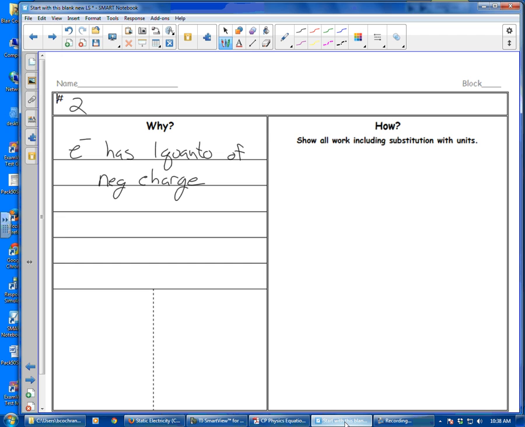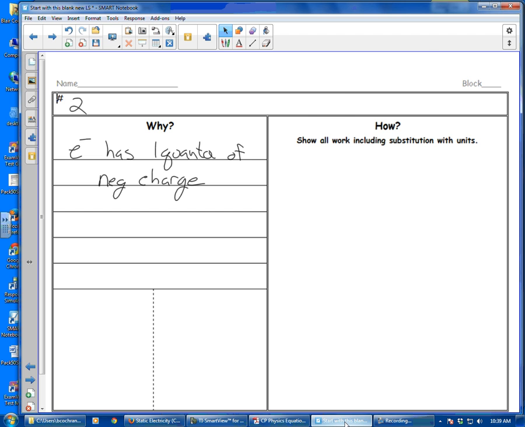So remember that isolated charge only comes in these little packets of quanta. So that's really all you need for your Y there on this one.